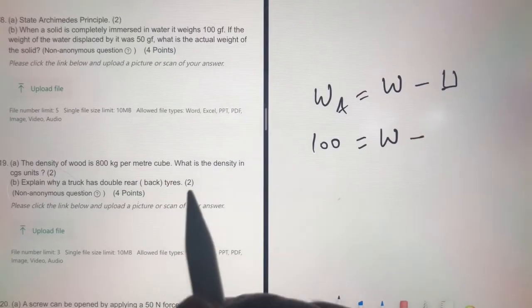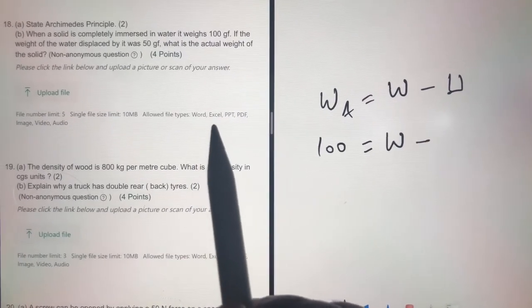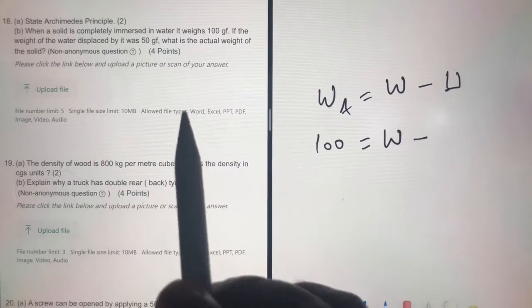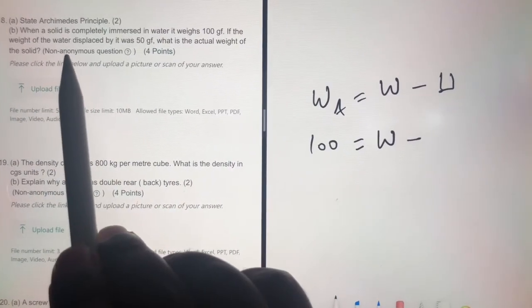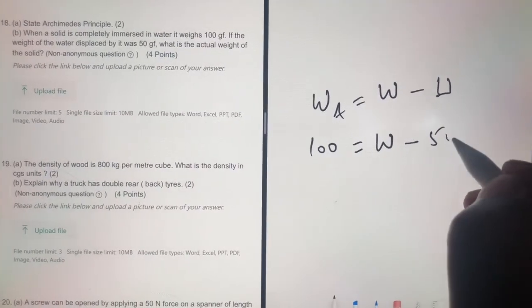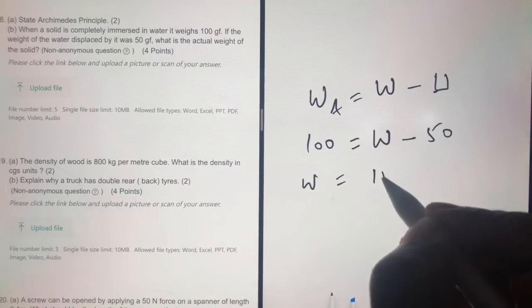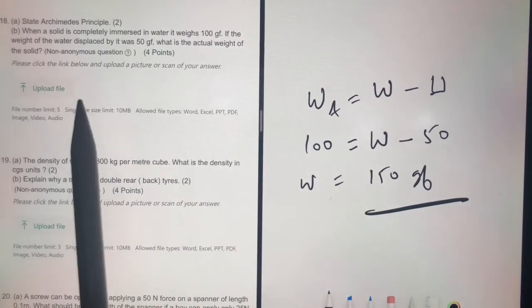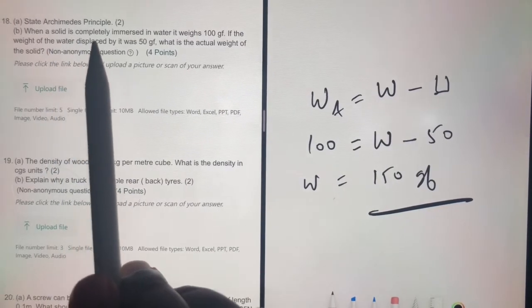If you remember Archimedes' principle, it says the upthrust is equal to the weight of the liquid displaced. So in this case, the liquid is water. So the weight of the water displaced is 50 gf. So that is actually the upthrust. So this is 150 gf. So this was an important question, made simple by the fact that Archimedes' principle was asked.